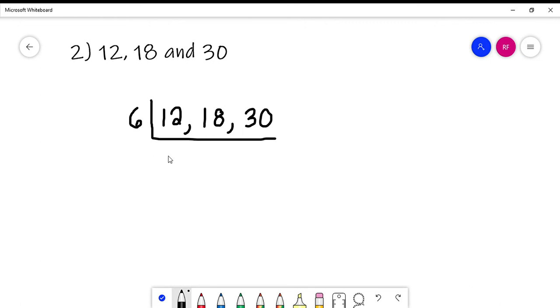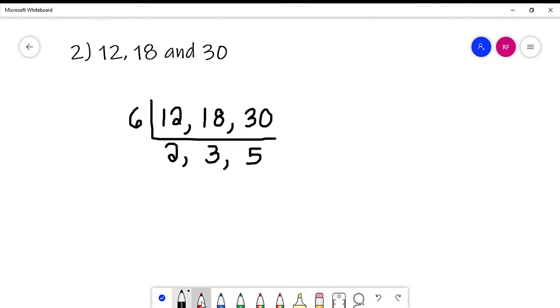So 12 divided by 6 would be 2, 18 divided by 6 would be 3, and 30 divided by 6 is 5. Take a look at the quotients: we have 2, 3, and 5. They are all prime numbers.